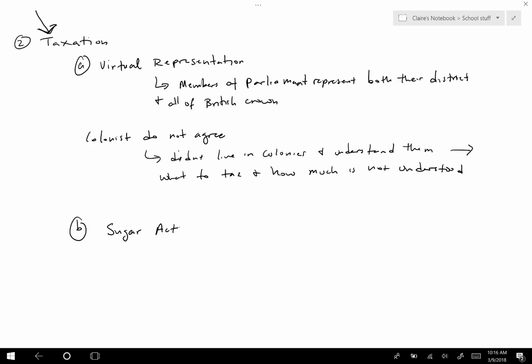The Stamp Act not so much, but the Sugar Act and the Townshend Act and the Tea Act, they honestly didn't think that these would be huge issues. And it just shows you how much they misread the whole situation, as well as, I think, puts a point on the colonists' need for representation. Because if you don't have that representation, that person could have told them, hey, no, don't do this.